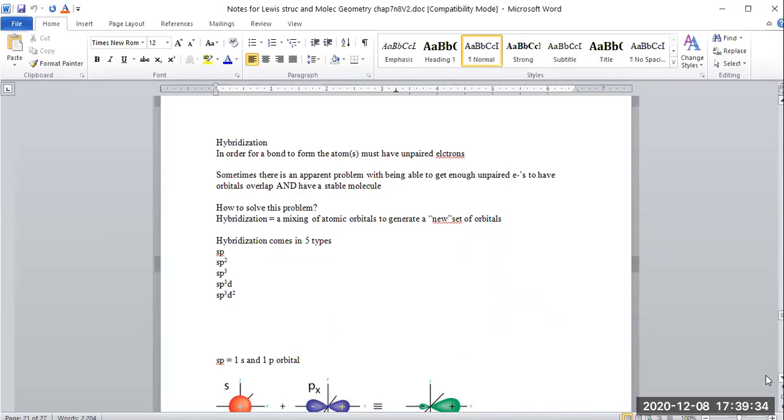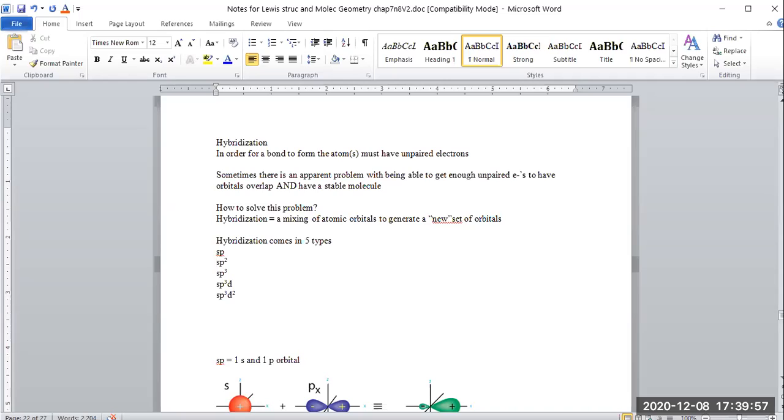So one of the things we mentioned earlier in the chapter was that if you actually want a bond to form, if you want there to be one up and one down arrow in your orbital, you have to have some blank spots. You have to have some unpaired ones.